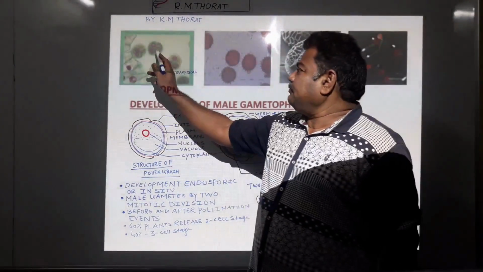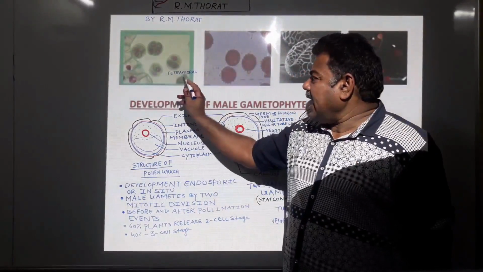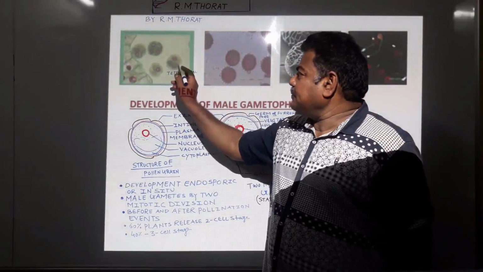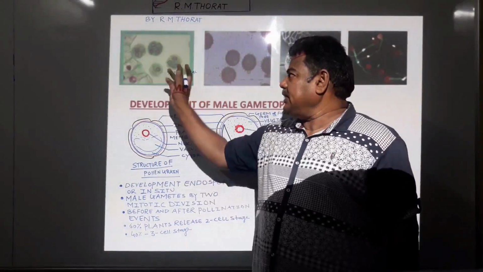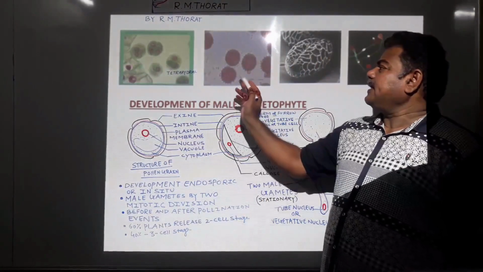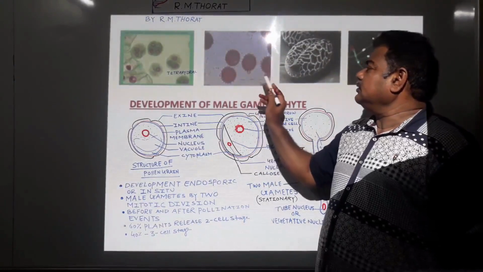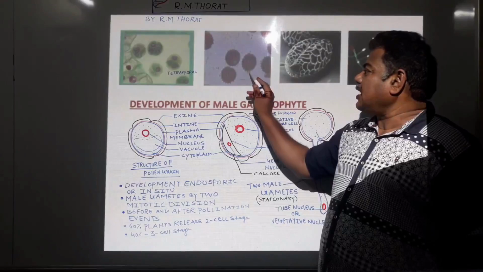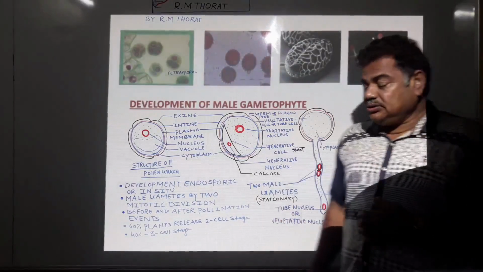Now see here, in the first slide, tetrahedral type of microspores, a tetrad, is shown. In the second slide, how the pollen tube emerges out from the pollen grain is shown.